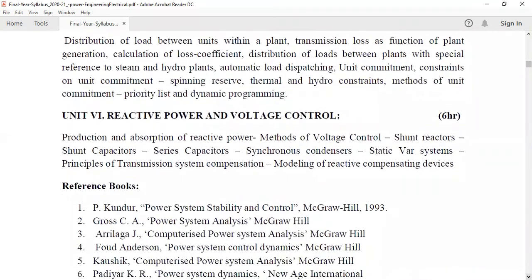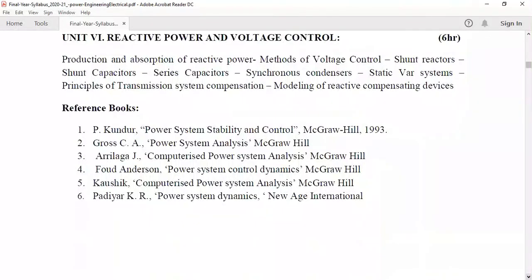For this course, we will use the following reference books. First, P. Kundur, titled Power System Stability and Control, McGraw-Hill publication. Then Gross C.A., titled Power System Analysis, McGraw-Hill. Then a few more books are from foreign authors.